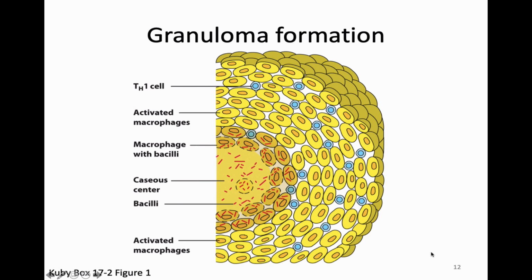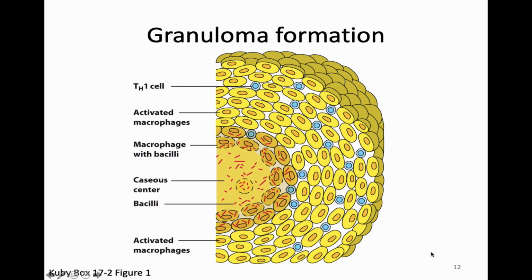And so that person will not feel sick, will not show signs of tuberculosis because the Th1 cells are doing such a good job of controlling that mycobacterial infection. But if those Th1 cells eventually stop being able to control, as they probably will, or if something happens to that granuloma, suddenly the tuberculosis can come back and this person can become infectious.